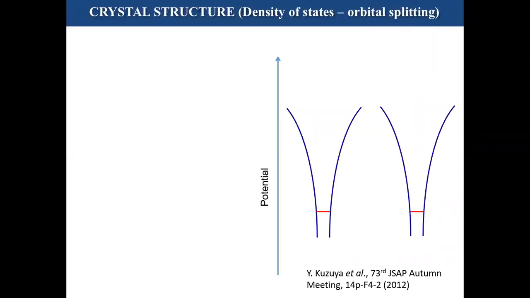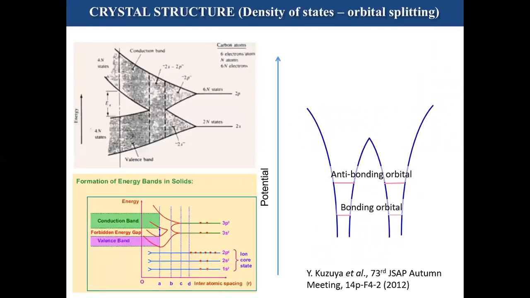Now, we also need to know the crystal structure, particularly how the energy bands are formed in a solid, which basically comes from the orbital splitting that we already understand. So if you think about the energy levels because of the orbital splitting in any atom, which are these, then in a crystal you have thousands or maybe millions of these atoms.